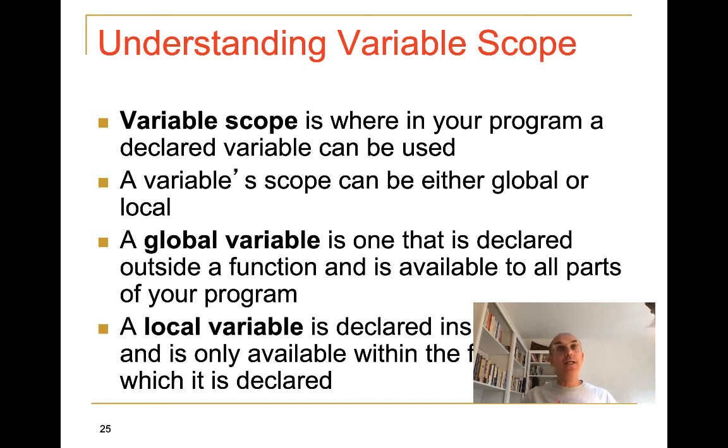It doesn't matter if it's right now in your code or later on, it is global, and as a result you can use it all the time. A local variable is inside a function and is only available within the function which declares it. So this is the idea behind it.